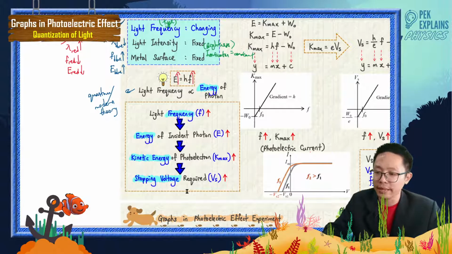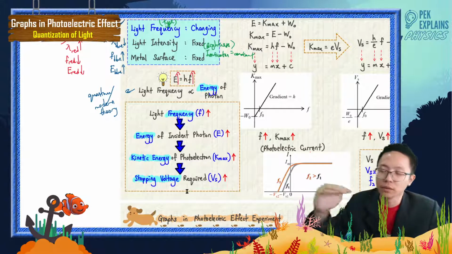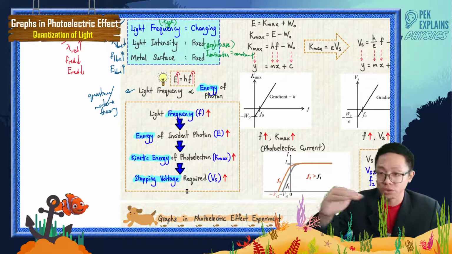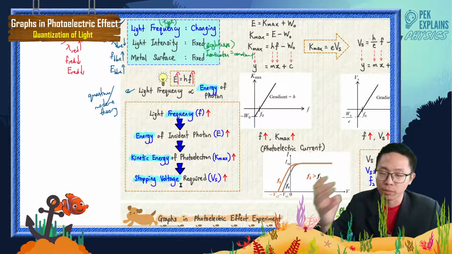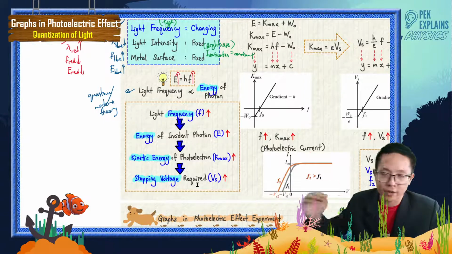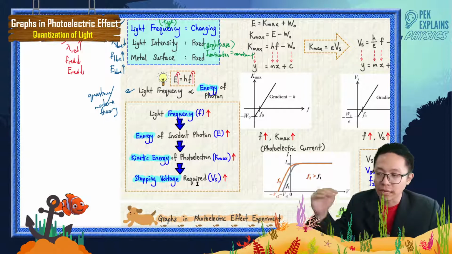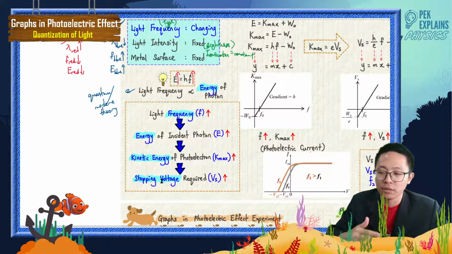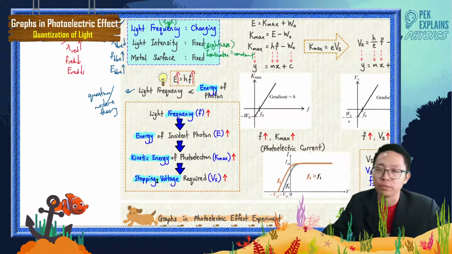You imagine like a race car. A usual car travels at very low speed, easy to stop. You need a low stopping potential. But if you go very fast like a racing car, very hard to stop. You need a higher stopping potential to stop it.